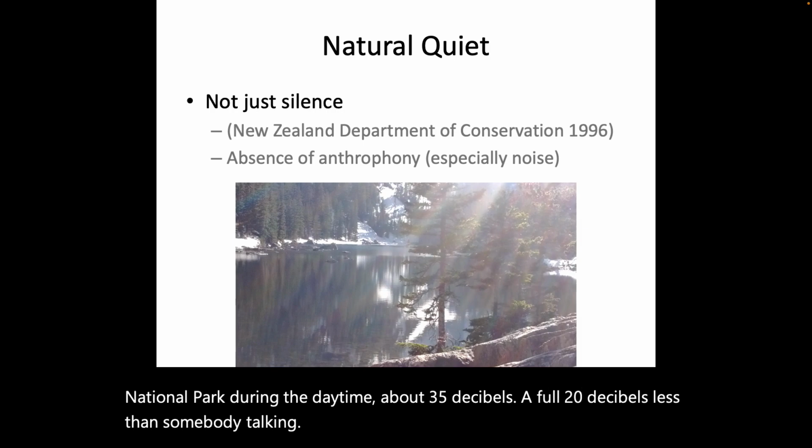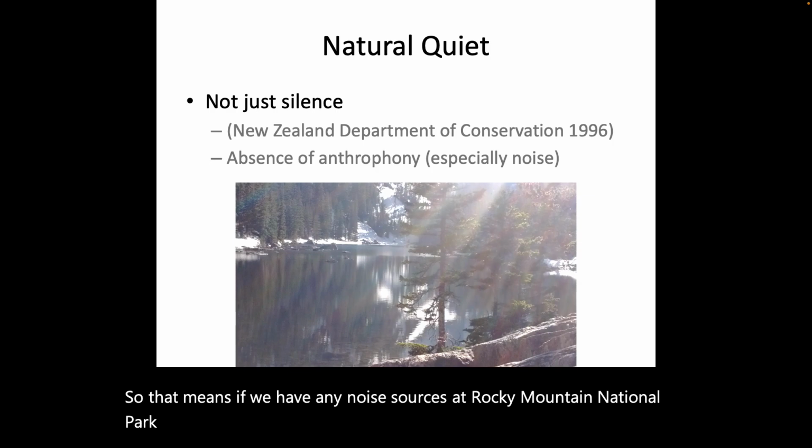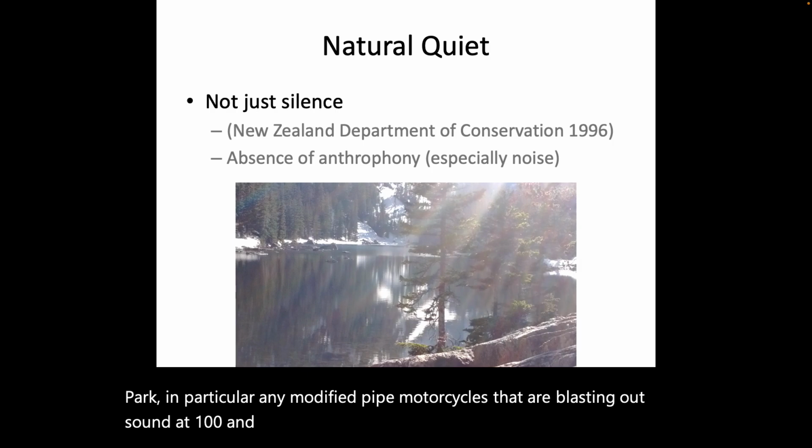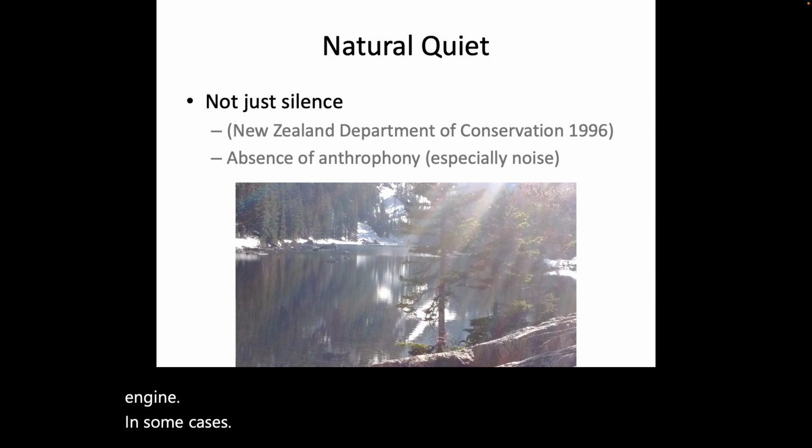Pretty quiet. So, that means if we have any noise sources at Rocky Mountain National Park, in particular any modified pipe motorcycles that are blasting out sound at 130, 140 decibels, louder than a jet engine in some cases, then that's not just impacting all of the visitors.